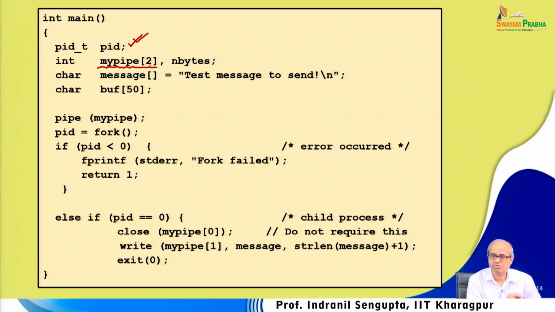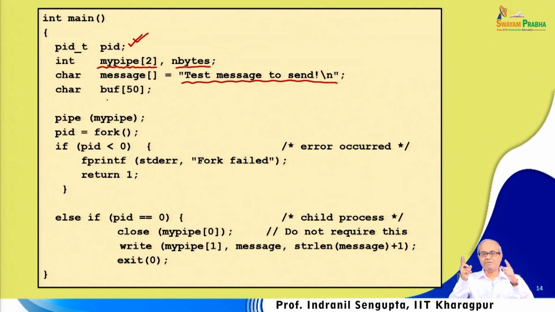Mypipe 0 will be writing, mypipe 1 will be reading, and there is an integer variable nbytes we are defining, and a character array message we are defining, where some example message we are initializing, test message to send, and we are defining a character array called buff of size 50.